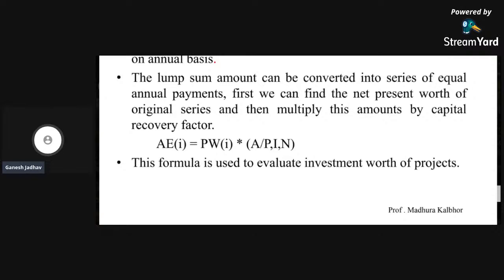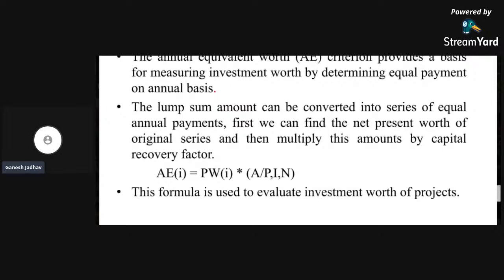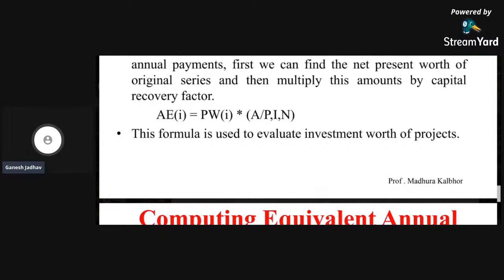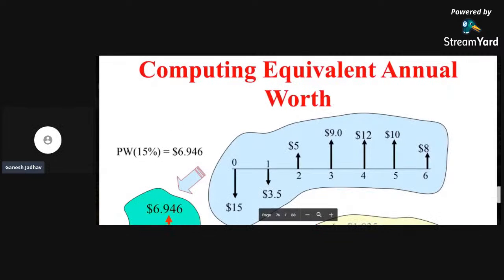So this is your present value, that is 20,000, and this is the factor, whatever your rate and N are. So you can get your salary amount. Here is the equivalent annual worth.